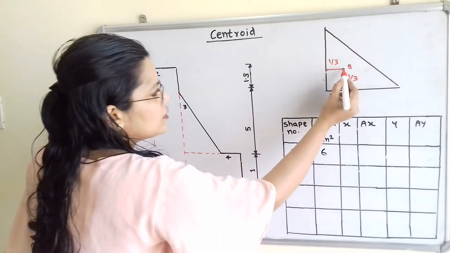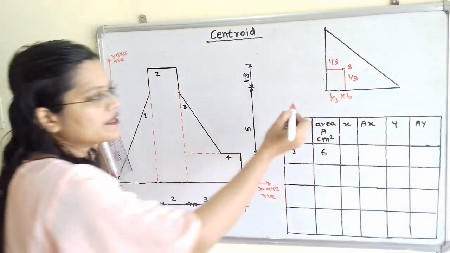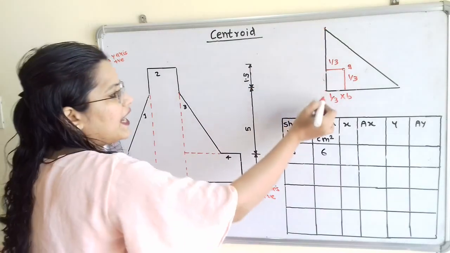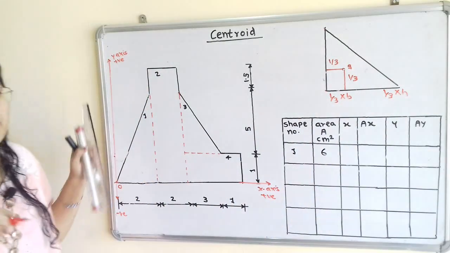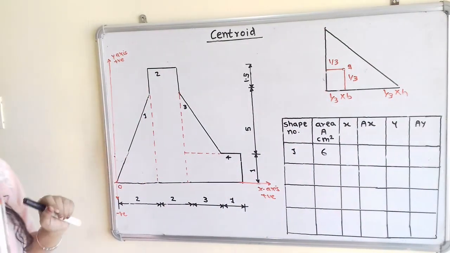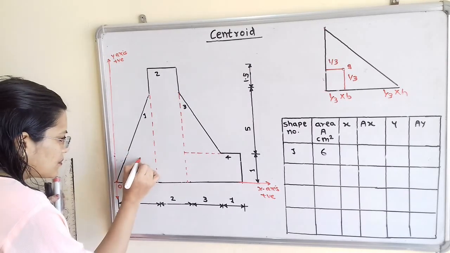And the distance of this G from the base is equal to 1 by 3 multiplied by the length of the height h. Now in the same way we have to find the distance. Now I will select the center point here.